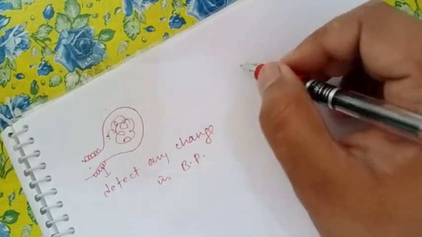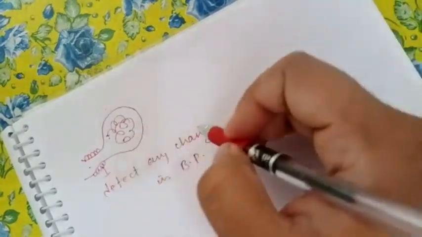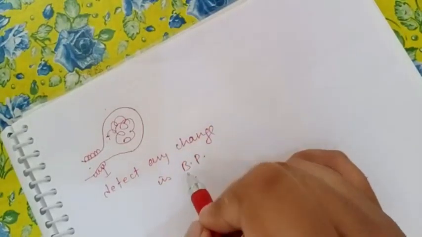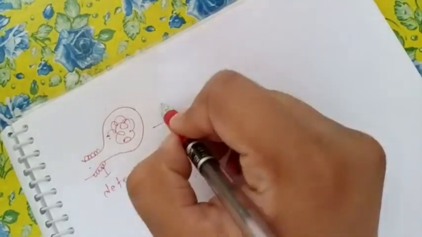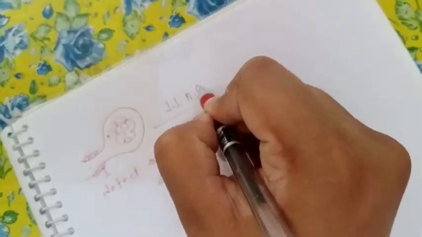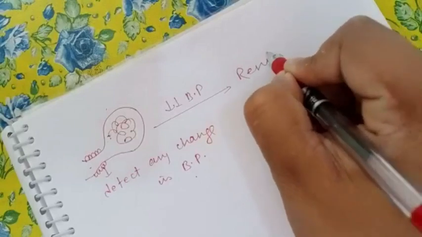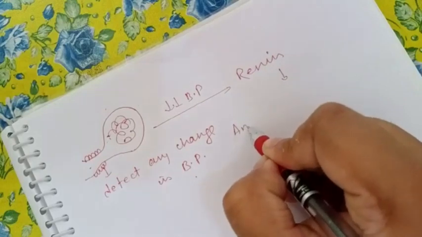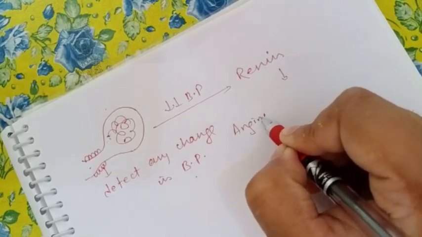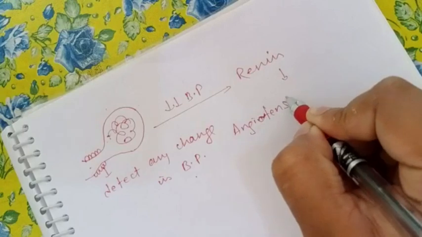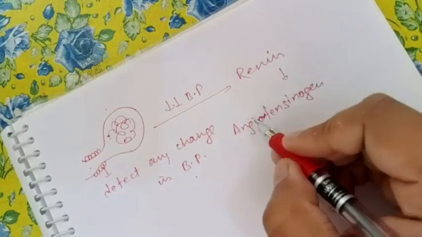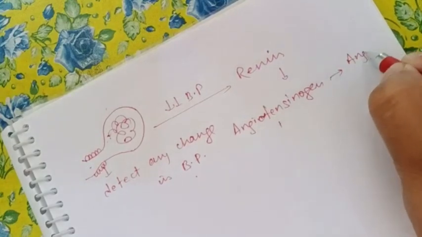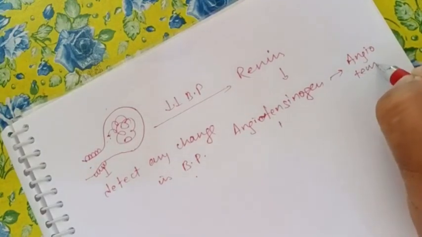Whenever there is low BP, these juxtaglomerular cells detect the change in blood pressure and release renin. Renin will convert angiotensinogen into angiotensin 1.